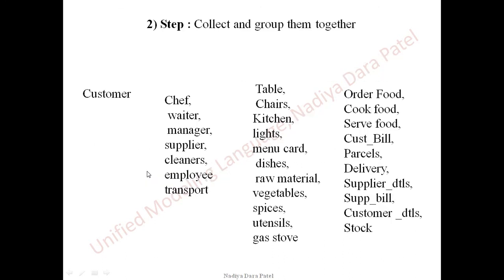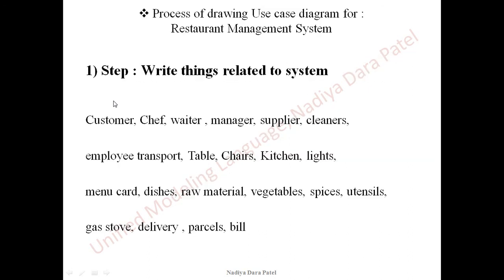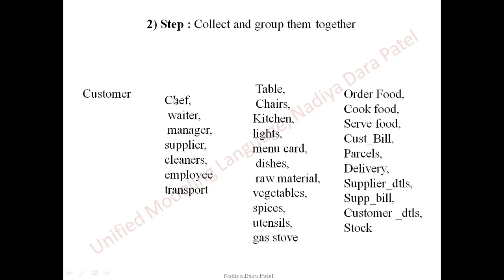So after applying those questions on my set of words, I found these answers. I've collected and grouped them together, and this is our second step. According to these 6 questions which I applied on my random words, I found a list.